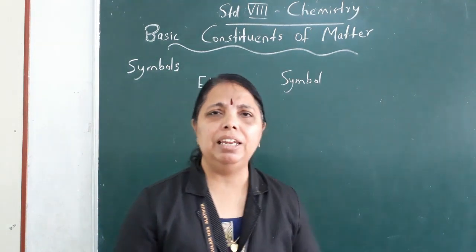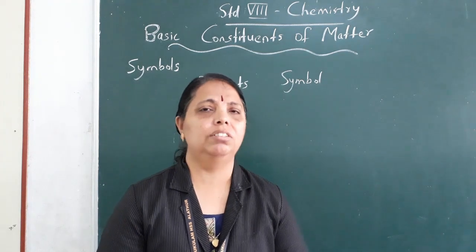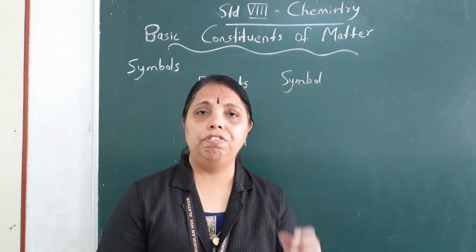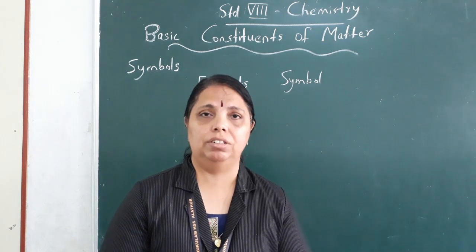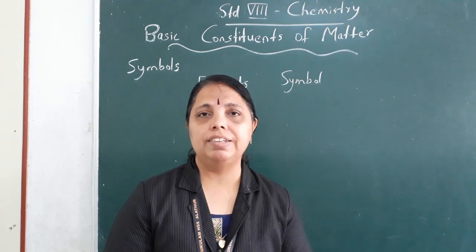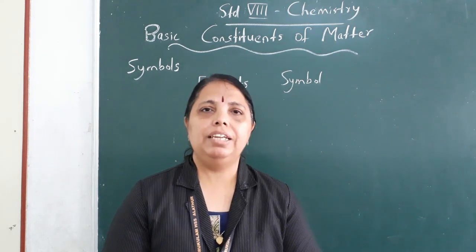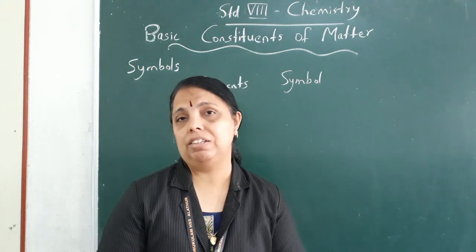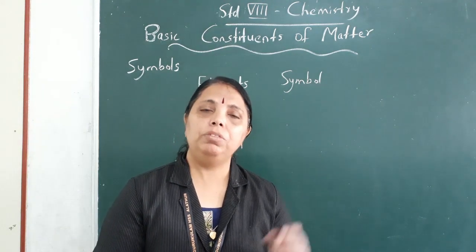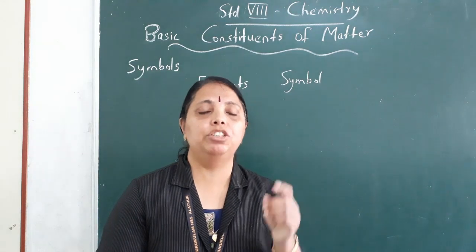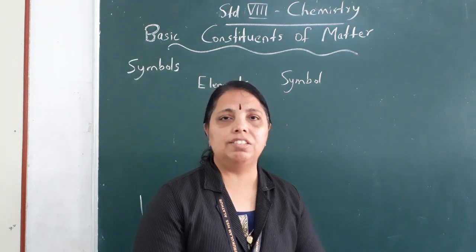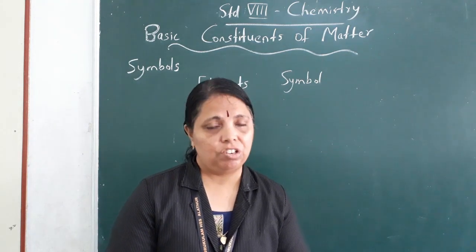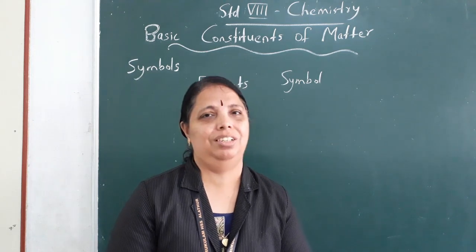Now there are many elements on this earth and all the elements are given different symbols and the ways are also different. I will teach you, you will understand that gradually. In the English language, you know the alphabet has 26 letters. From those 26 letters, we get words and from the words, we get sentences, right? Similarly, chemistry also has a beautiful language.